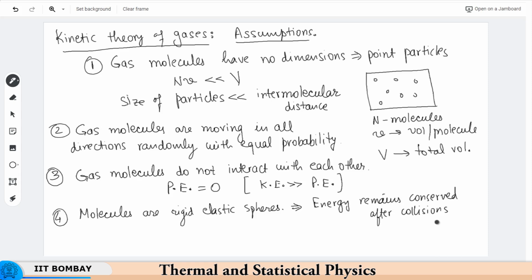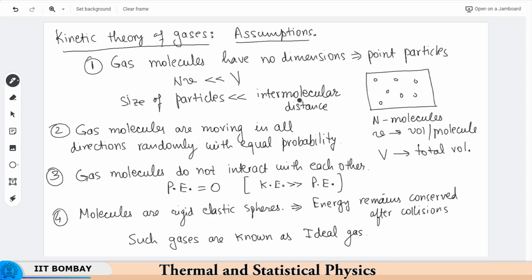And you might be familiar with this: when we make these assumptions, the collection of molecules is a gas with a special name, known as an ideal gas. So, such gases are known as ideal gases, all right.